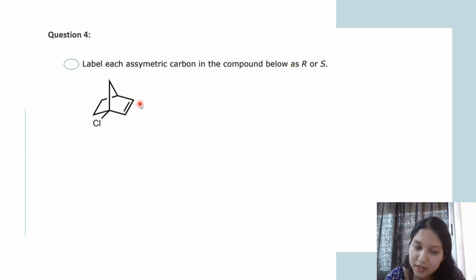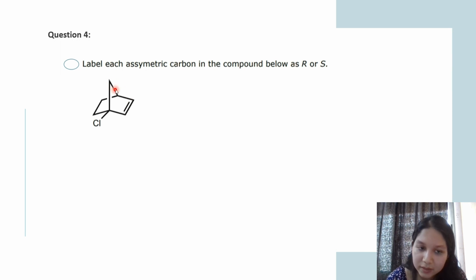Whereas if we move to this side, this carbon atom is connected to 1 carbon and 2 hydrogen atoms. So on one side you have 2 carbon atoms and on the other side you have only 1 carbon atom. So this group will get the first priority according to the priority rules.